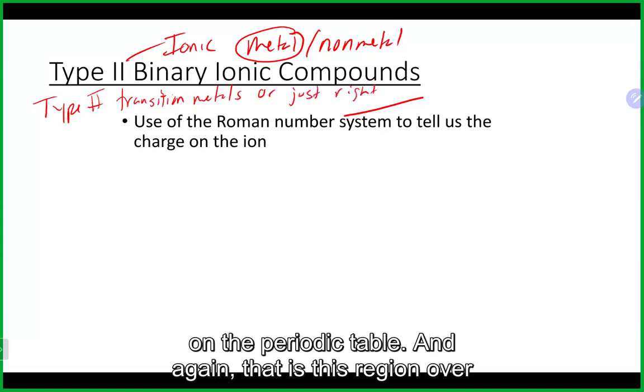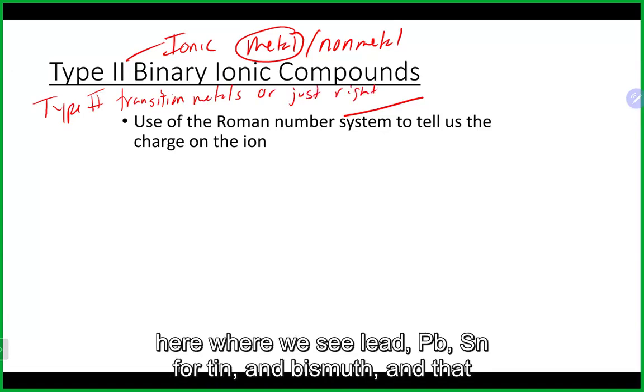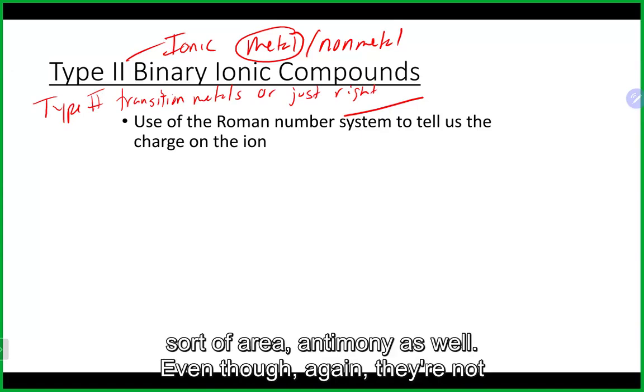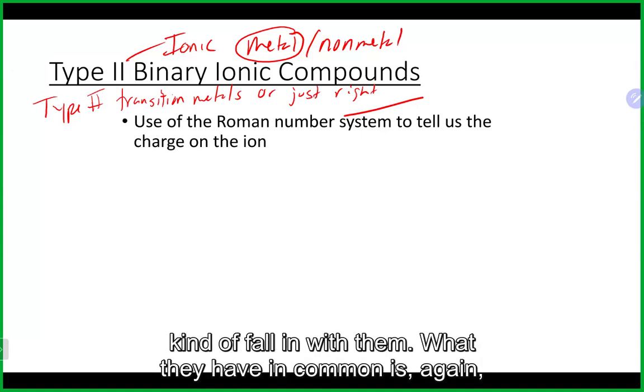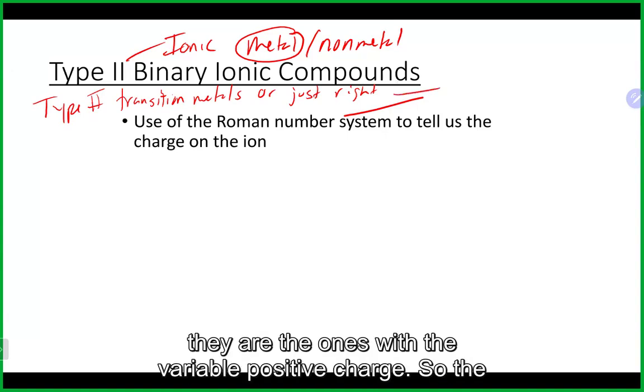Again, that is this region over here where we see lead, Pb, Sn for tin, and bismuth, and that sort of area, antimony as well. Even though they're not transition metals, they're sort of named the same way, so they kind of fall in with them. What they have in common is, again, they are the ones with the variable positive charge.